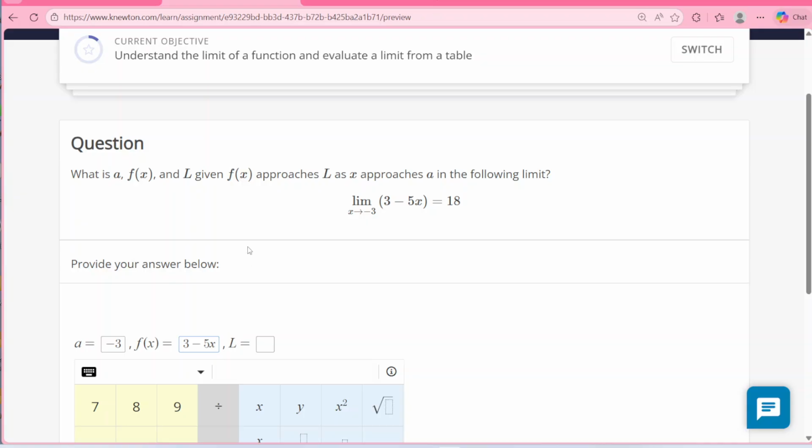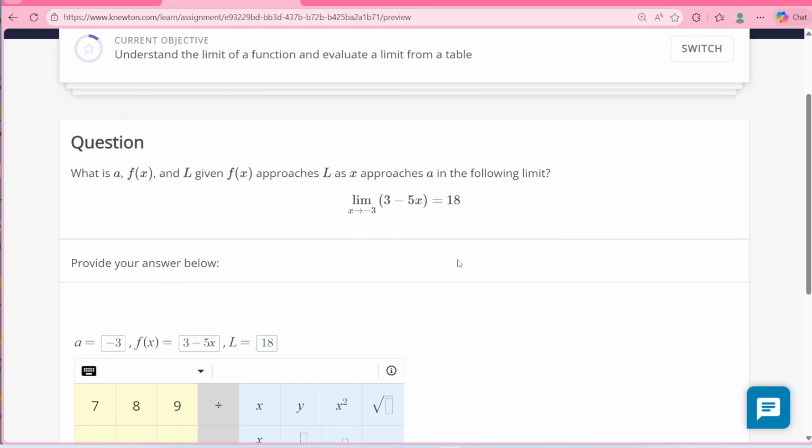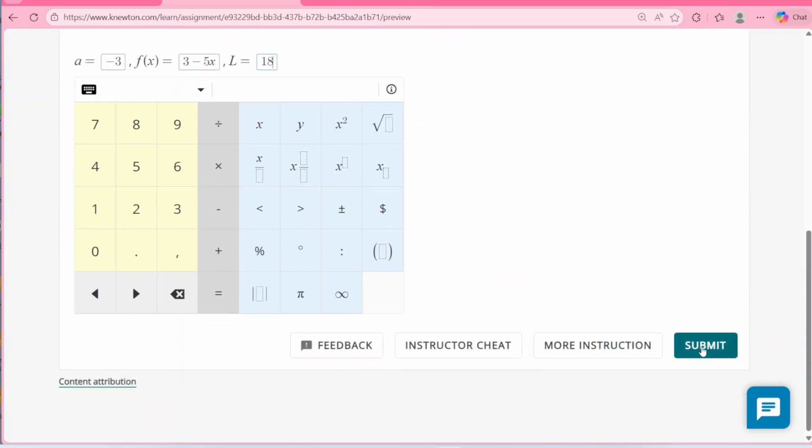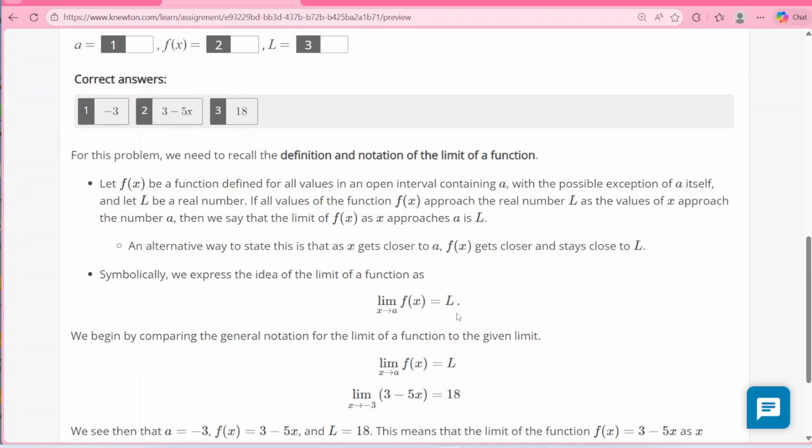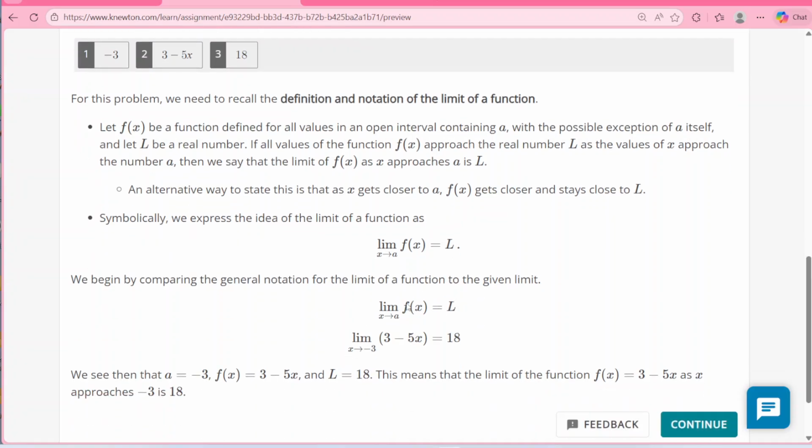So I'm putting that in this box. And then that capital L was the limit, the y value that the outputs would be approaching. So that's the 18 here, and that looks like all that's being asked. So can you recognize the notation and what's what part? What's the a, the f of x, and the L? That's really all that one's asking you to do. And again, they go through the notation again here, just matching all the parts of it.